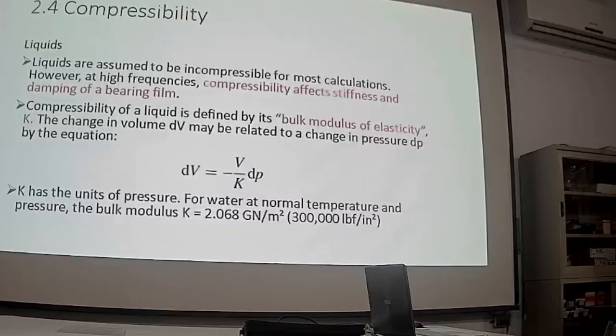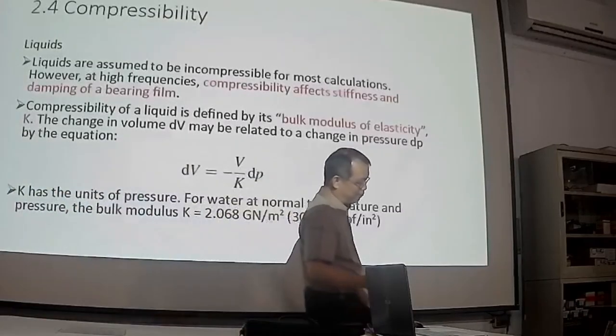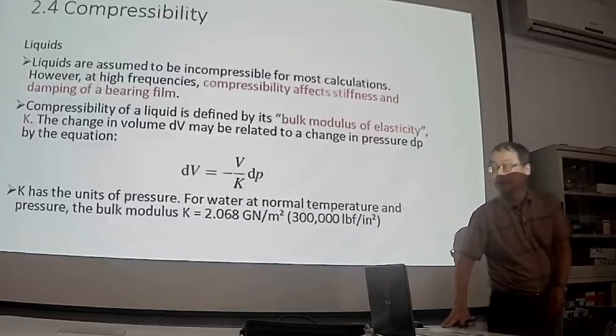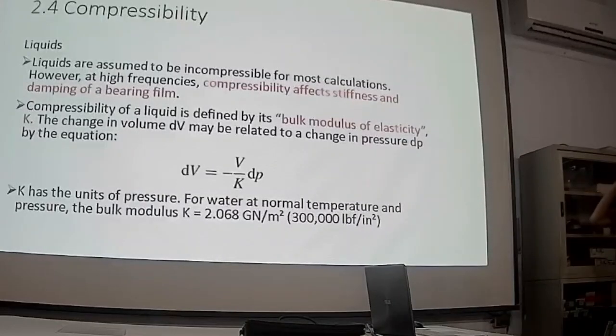So this is a formula to analyze your compressibility. It's called the bulk modulus of elasticity. This is the change of the volume.